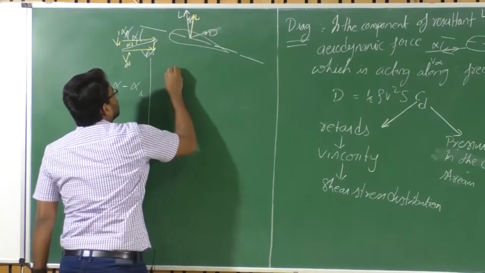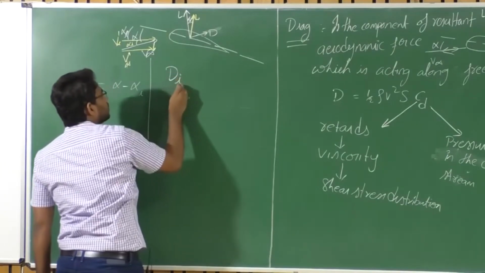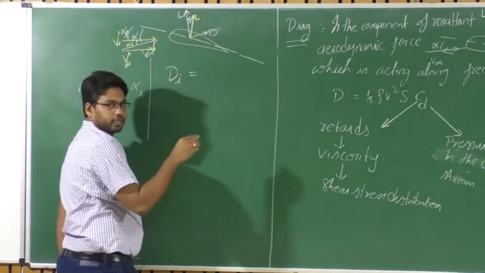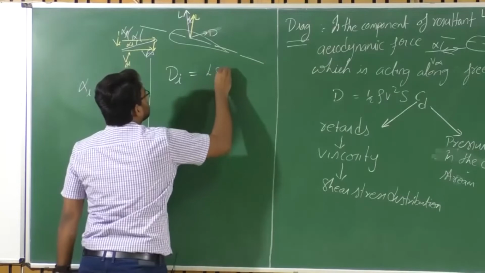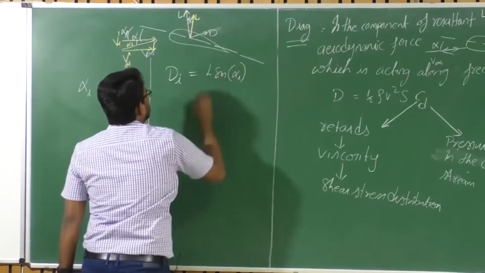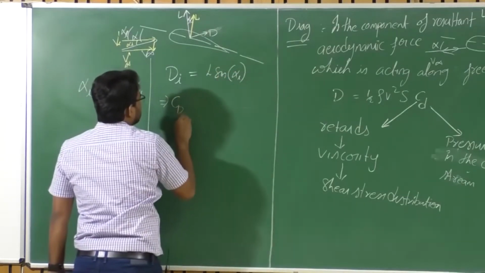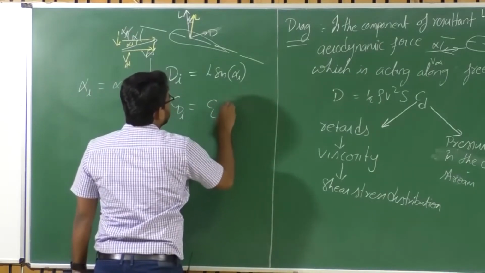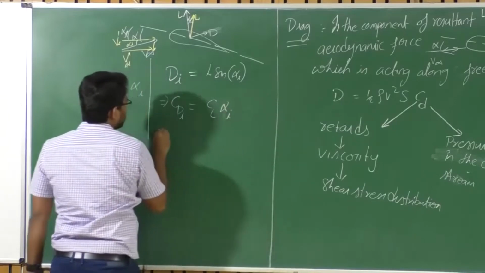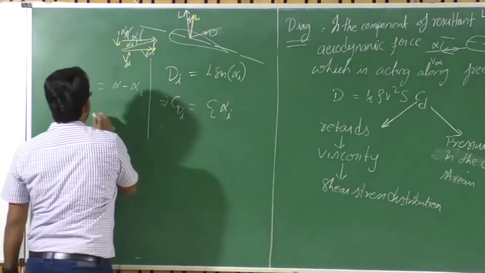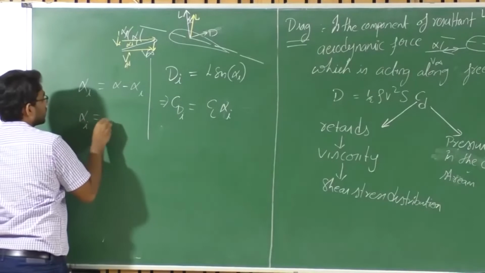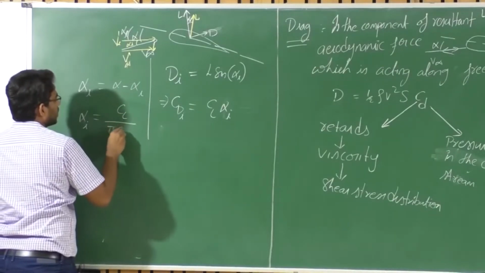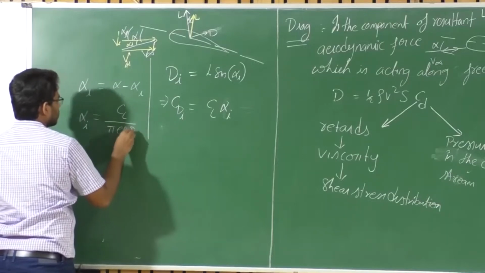So there is an induced drag because of the lift in the direction of overall drag of the aircraft, which is L sin of alpha I. So CDI is equal to CL times alpha I, assuming small angle of attack, and then from lifting line theory, alpha I is equal to CL upon pi E AR, right?